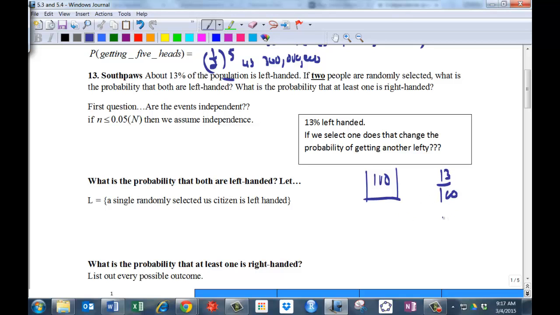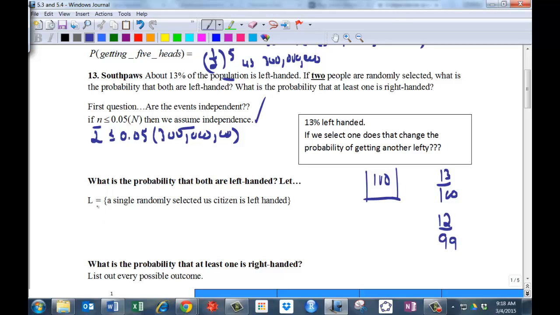The probability the second individual is left-handed, given the first one was left-handed, is 12 out of 99. So technically these two events are not independent, but since the sample size, which is 2, is less than or equal to 5% of the population size, which is 300 million, then we assume independence, and this is the rule in the book. Okay, so once we get independence, we've got it now by this assumption here.